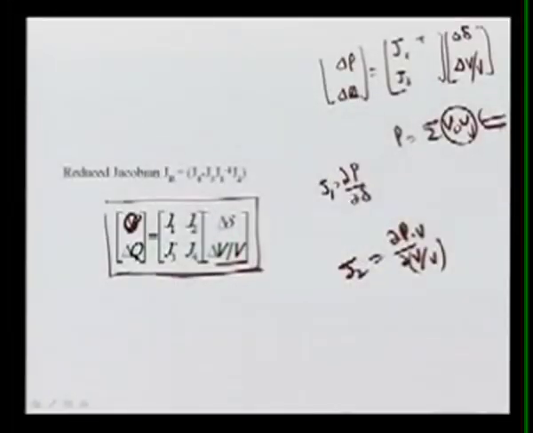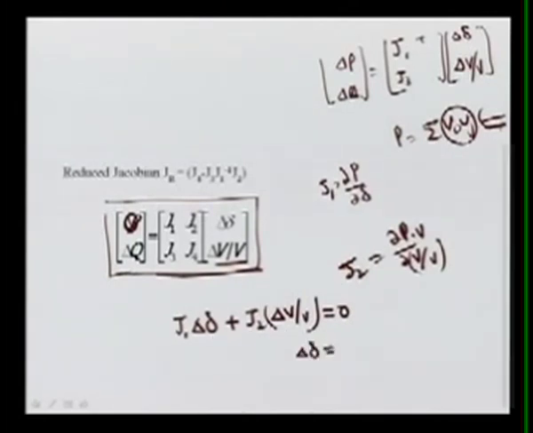From these two equations, we can expand the first one: J1 delta plus J2 del V upon V is equal to 0. From here we can write that the change in delta is nothing but minus J1 inverse J2 times change in V upon V.